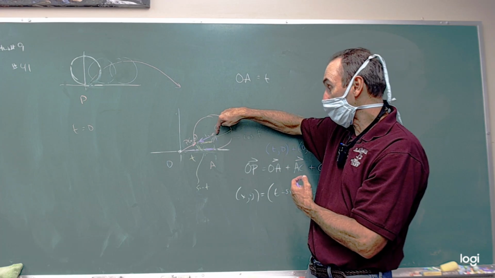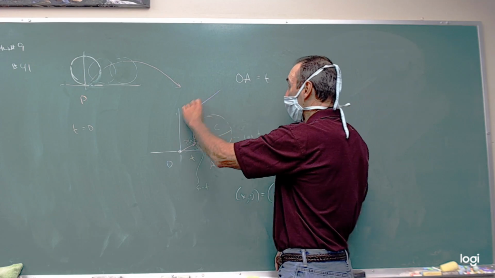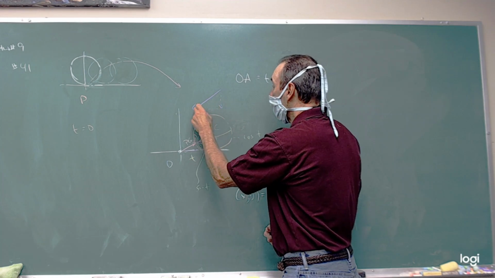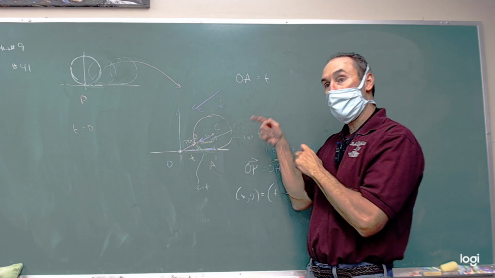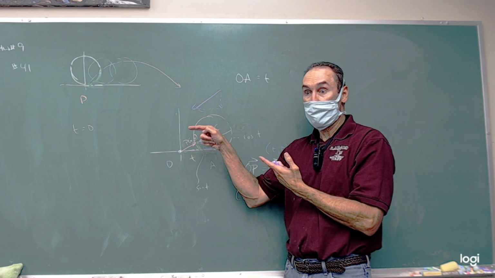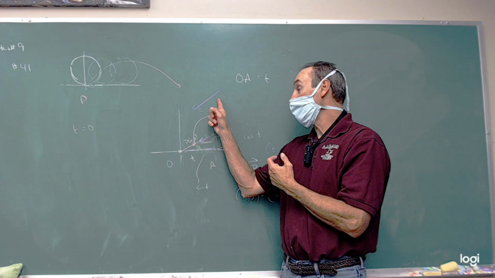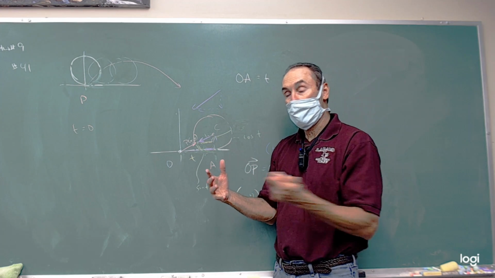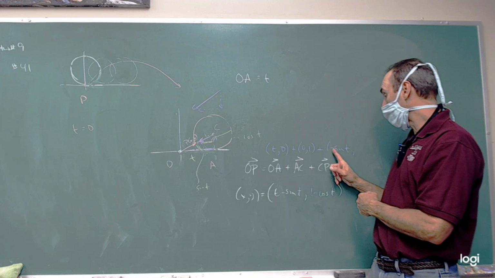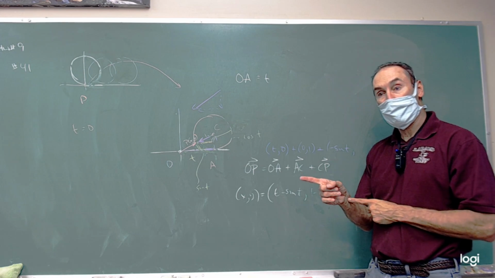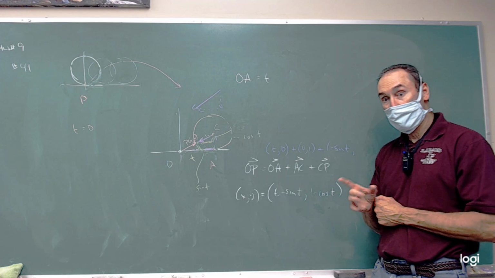But this vector right here is going down and left. So its x component should be negative. But the sine of t is going to be positive. So I'm going to impose the negative sign to make that be a negative horizontal component. So it really is going left.